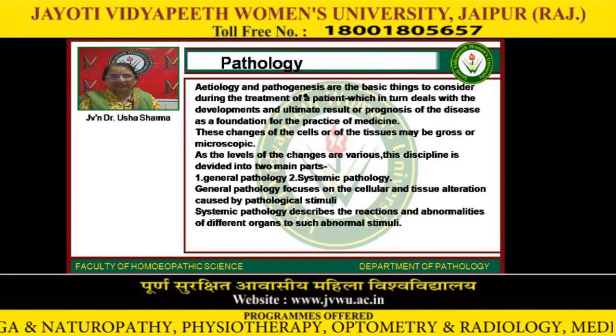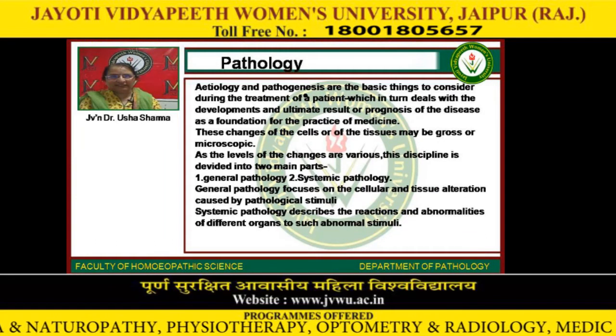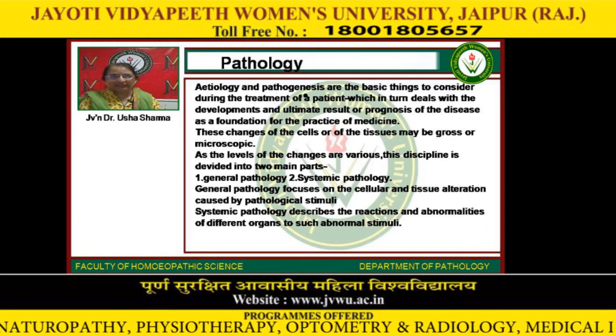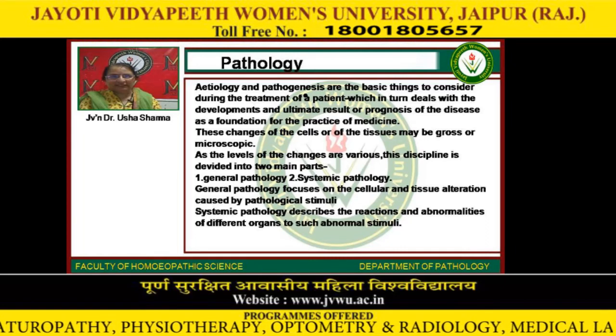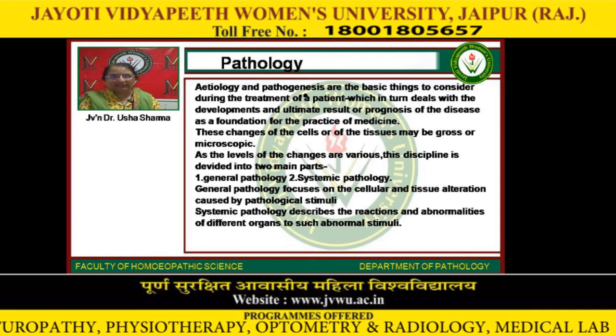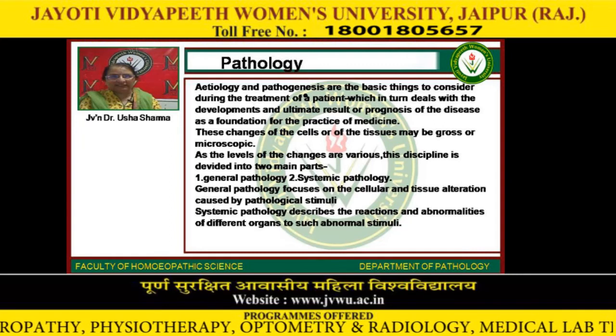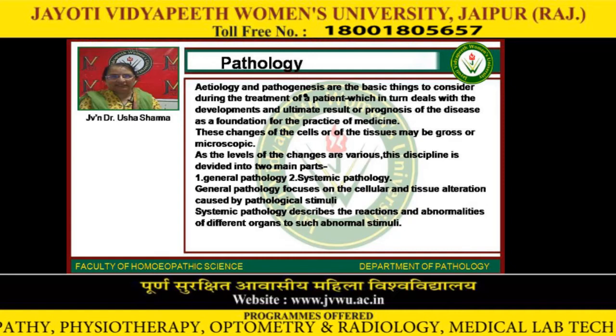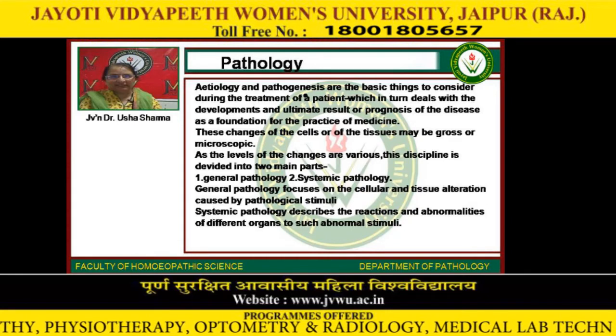Etiology and pathogenesis are the basic things to consider during the treatment of a patient, which in turn deals with the development and ultimate result or prognosis of the disease as a foundation for the practice of medicine.